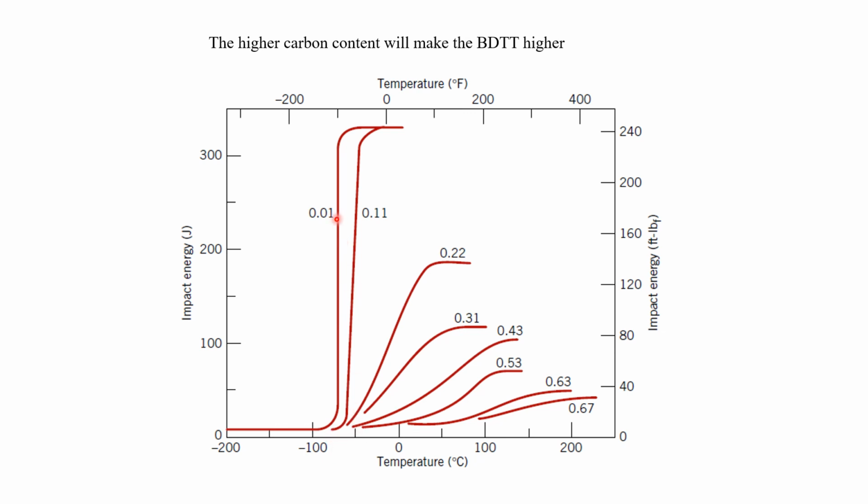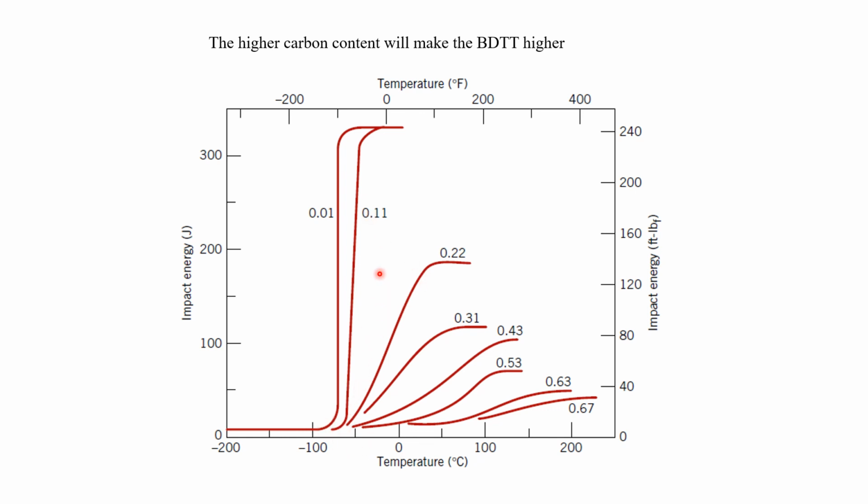Once you increase the carbon content, this curve starts to flatten until it becomes almost flat, and this ductile to brittle transition temperature behavior is not so significant. So for 1018 steel, you're likely to see a curve between these two curves.